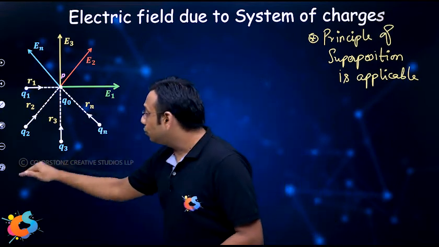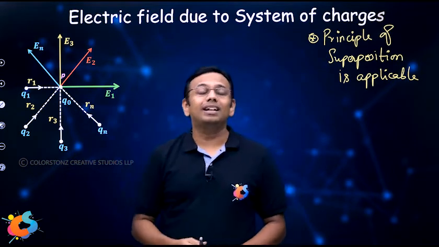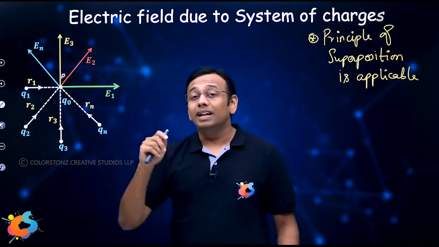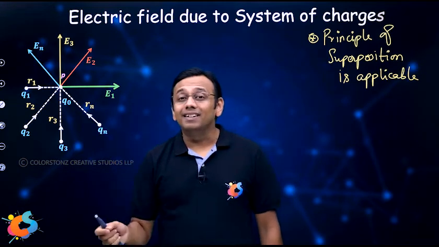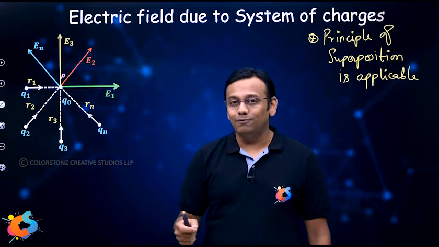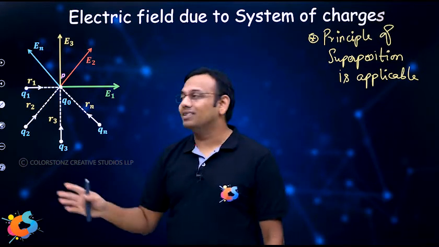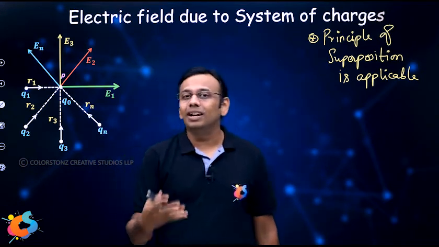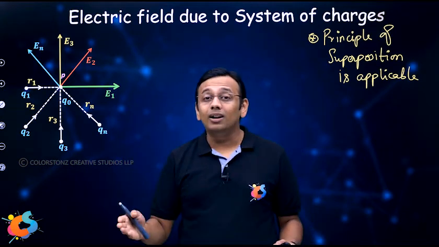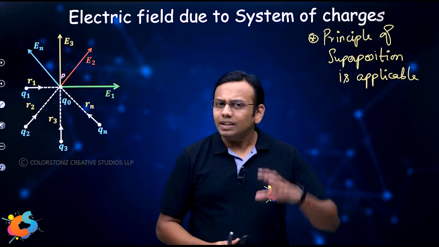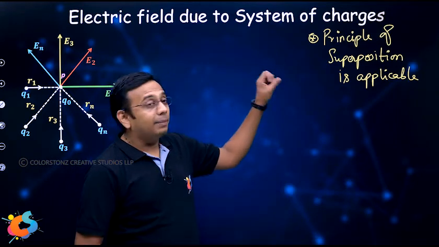The interaction of Q2 and Q0 is going to remain the same. All the individual interactions will remain the same irrespective of the presence of other charges. And the net influence or the net force will be the vector sum of all these individual interactions. That is what we did in the principle of superposition for Coulombic force. The same thing I am saying is applicable here.